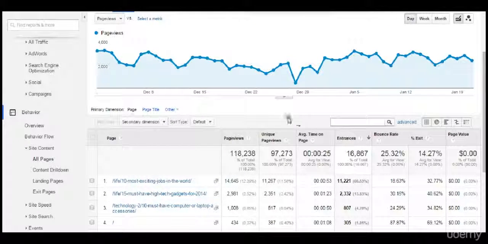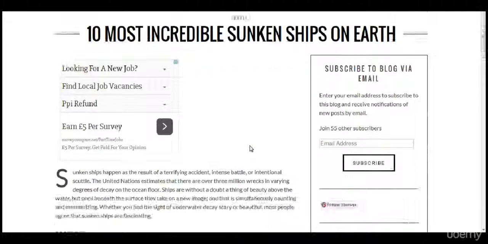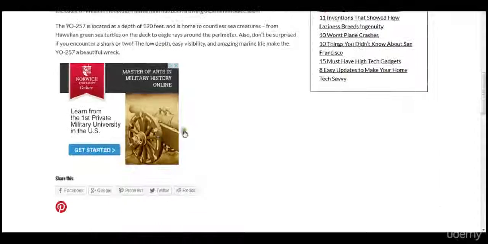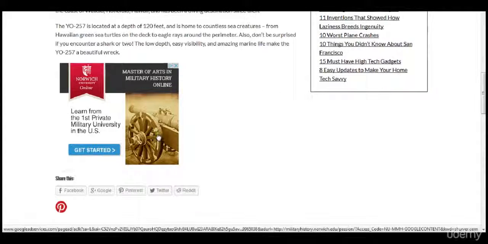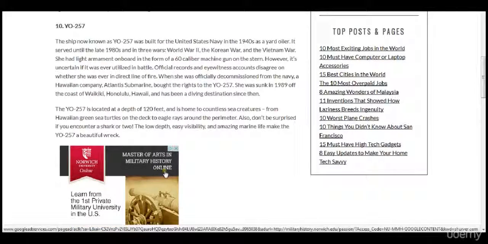Now, another thing is the order of the ads. It does depend what order the ads are in. What I mean by that is if this second ad was getting the most clicks, this one would still get the highest cost per click, even though it got less clicks, and this will get the lower cost per click.